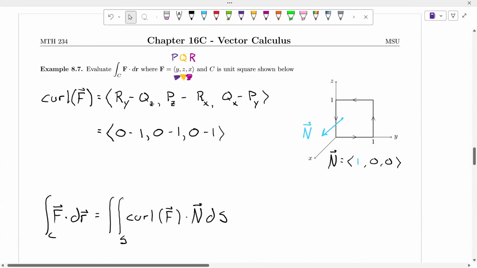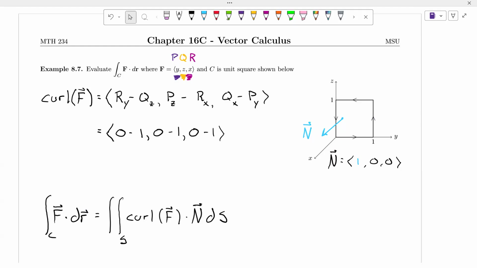Same thing up here. We weren't actually told a surface to integrate on for this curve. We were just told C is the unit square, but we picked the most obvious surface, or maybe just the easiest to work with surface, which was the flat square enclosed inside of that curve. But I could go and attach any surface I like to this curve as long as its boundary is that square.